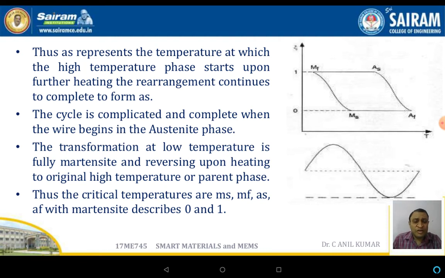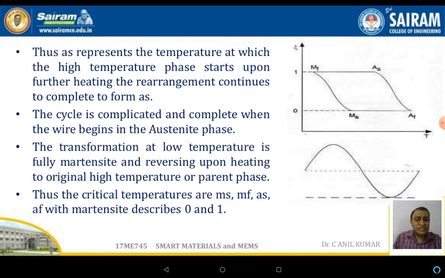As we know, there are two phases with respect to temperature: the low temperature phase and the high temperature phase. In the case of the high temperature phase, there are austenite start and austenite finish, but in the case of the low temperature phase, there are martensite start and martensite finish.